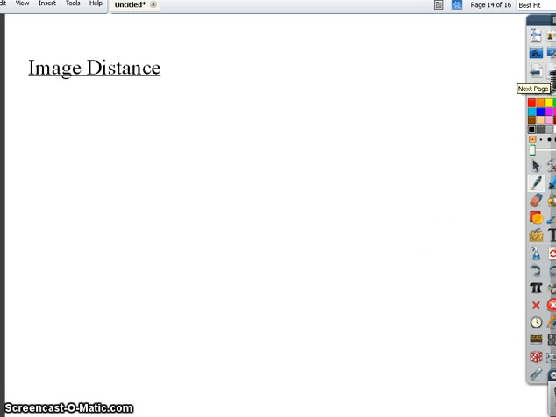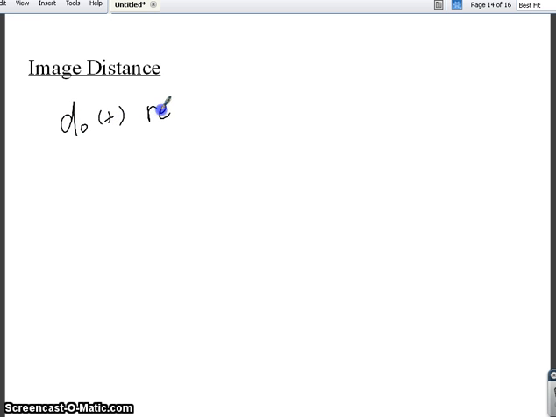Image distance. DI is positive for a real image and DI is negative for a virtual image, which is the exact same as mirrors.